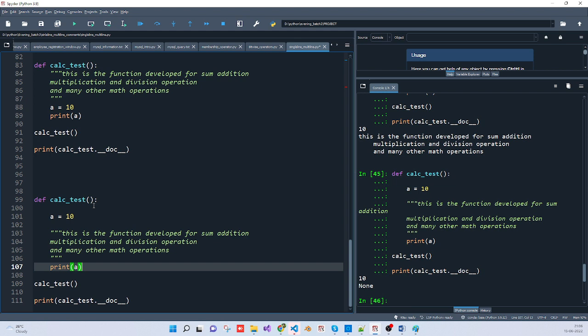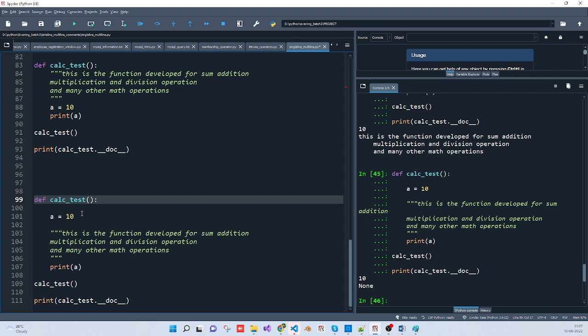Guys, when you write it at the start of the function, only then will it be considered a docstring. If you write it somewhere in the middle, it will be understood like a comment. So better to give it after the function definition line. If you write it somewhere in the middle, it will not be considered a docstring.